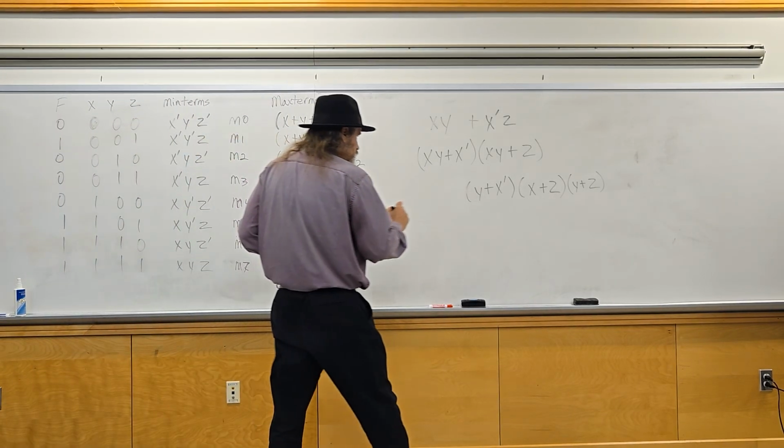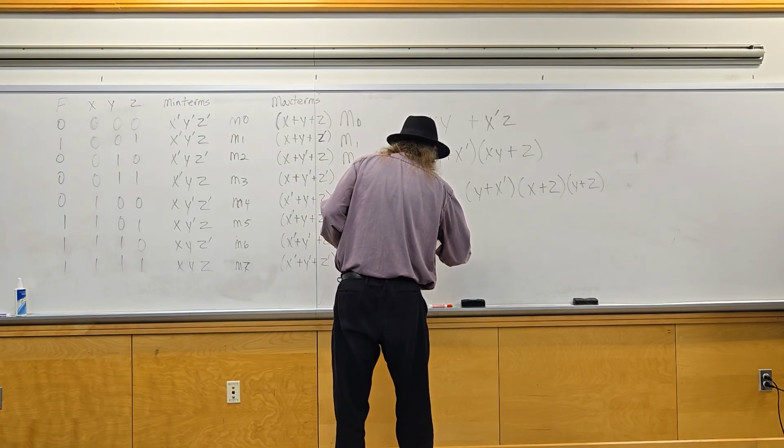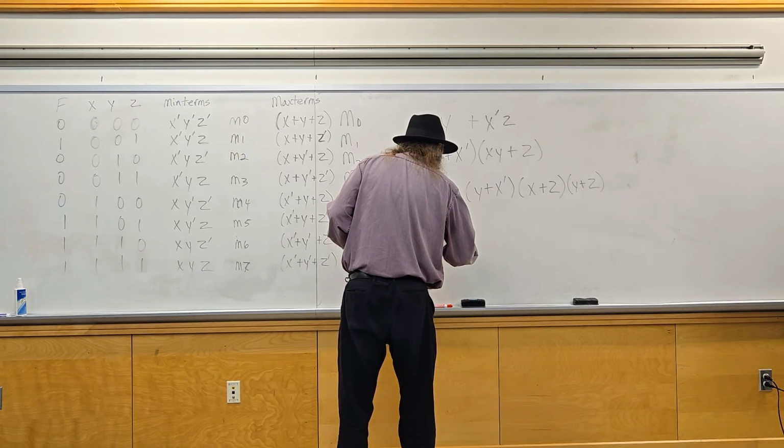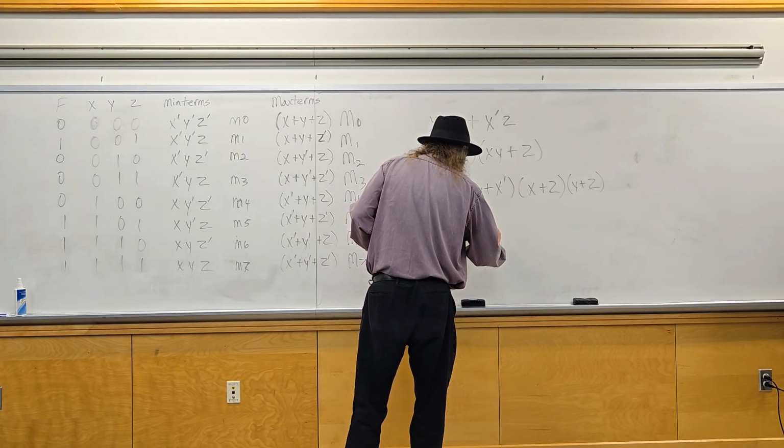In the case of the first one, it would be X prime plus Y plus Z and Z prime.